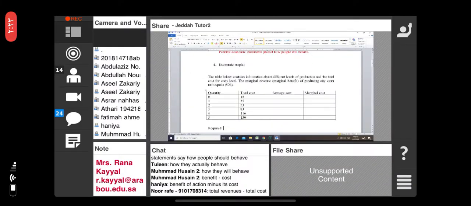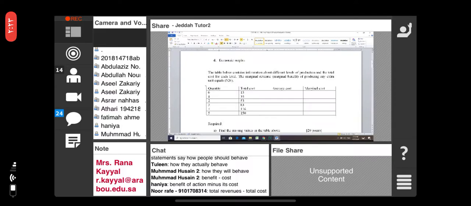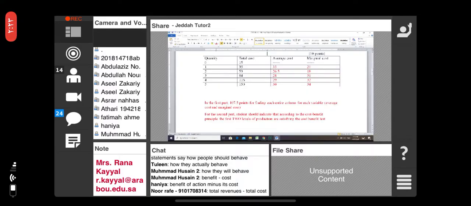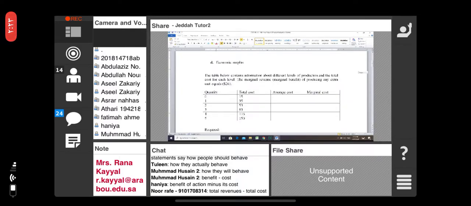The second question is a calculation question. Let me just write this up. The table below contains information about different levels of production and the total cost of each level.